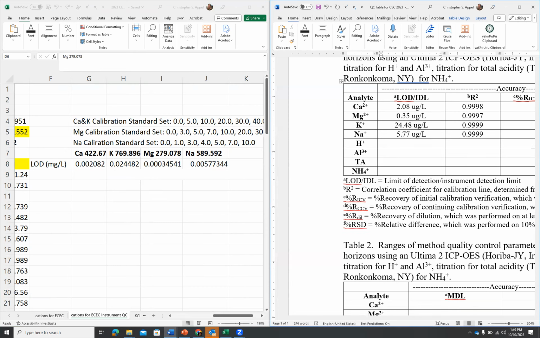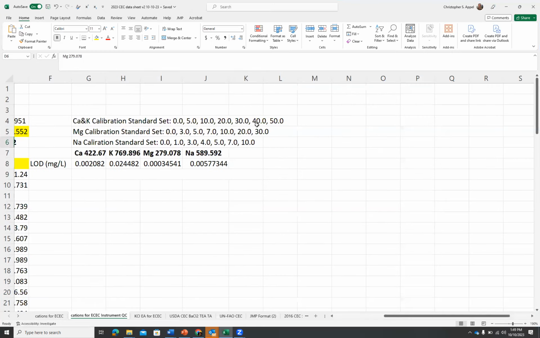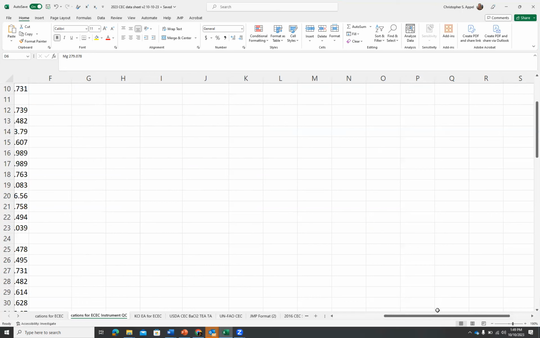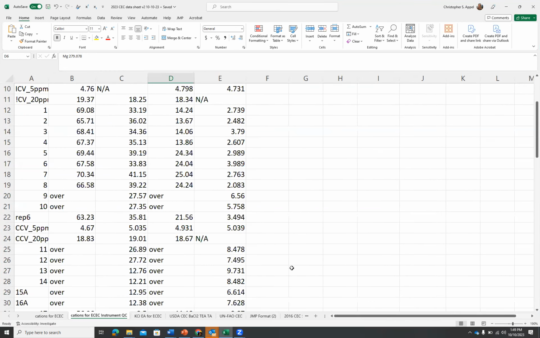All right. Good. Okay. So next thing that we're going to do is go to our other spreadsheet because we're going to look at the method detection limit now. Every single value after the instrument detection limit, or every single value that we get, went through the method.